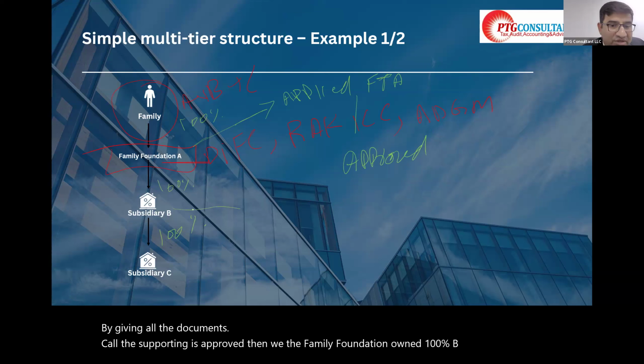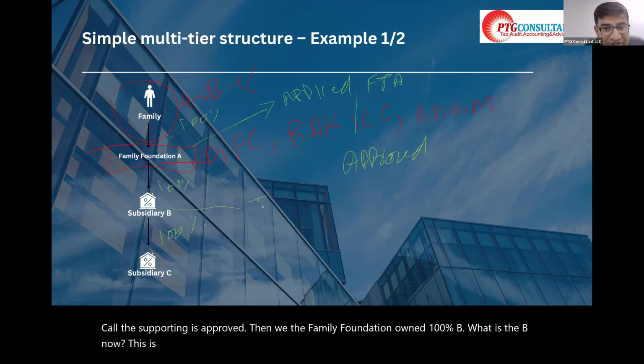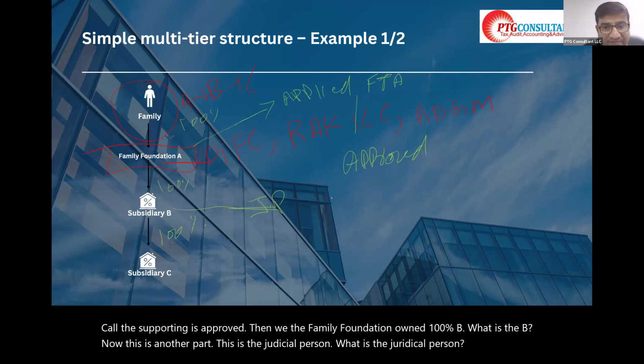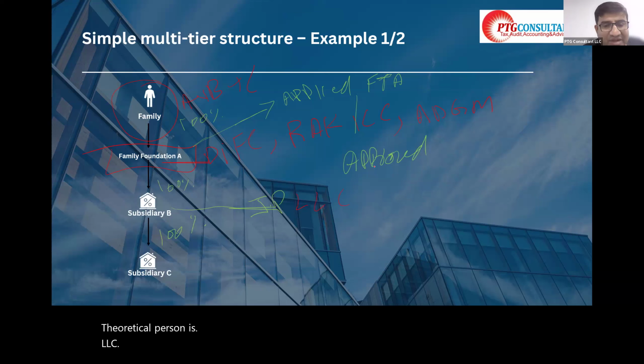Now this is another part. This is the juridical person. What is the juridical person? A juridical person is an LLC company, like in mainland or any other company.